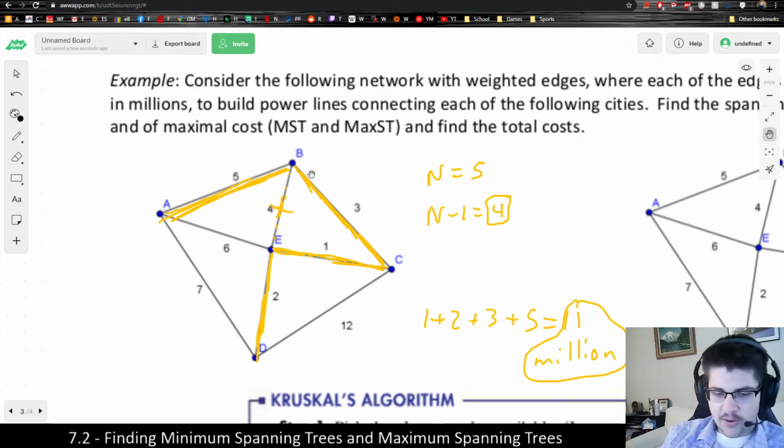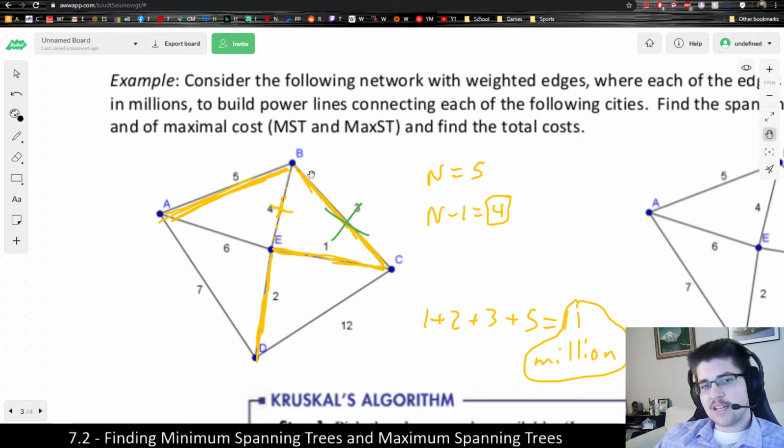Say there's a storm and a tree falls on this power line after I've constructed it. One of the issues with a minimum spanning tree is that while everything is connected, if one of the connections goes out, it isolates part of the network and part of it gets completely disconnected, which is a huge problem, right?